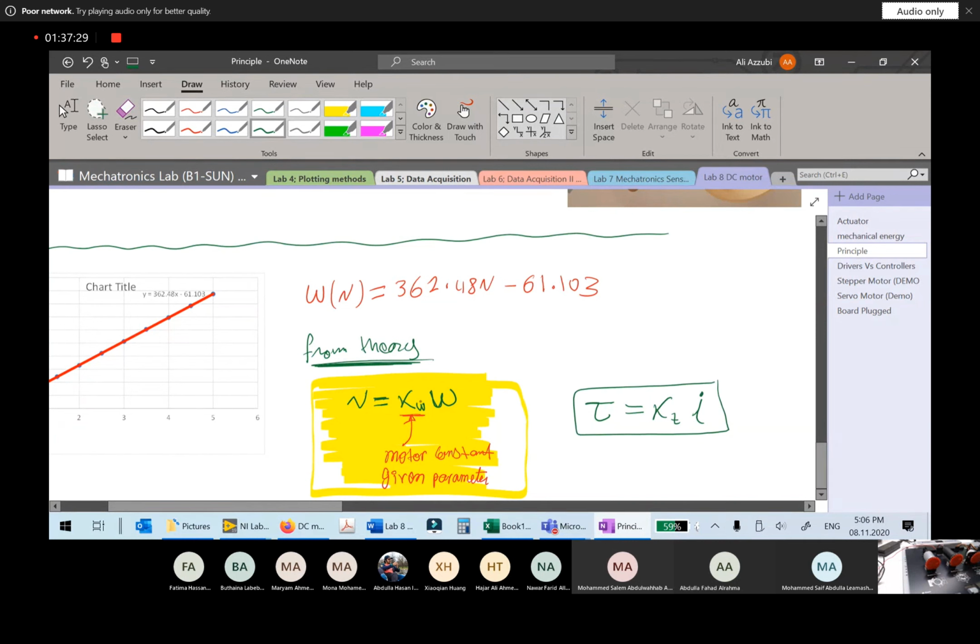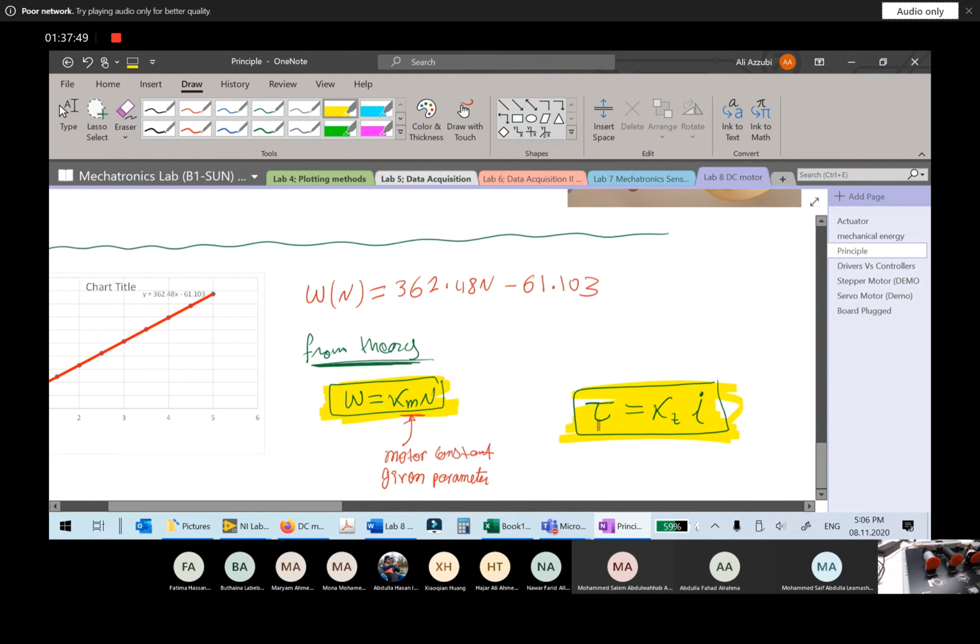I think I made some mistake here. Yeah, I think omega should be equal to K motor times V. Yeah, I think this is the right relation. Okay, so sorry for this mistake.